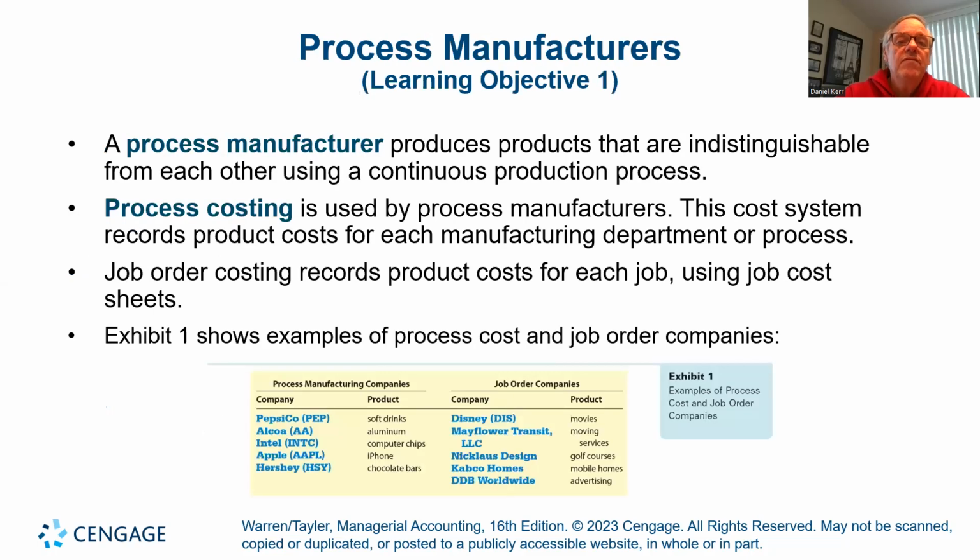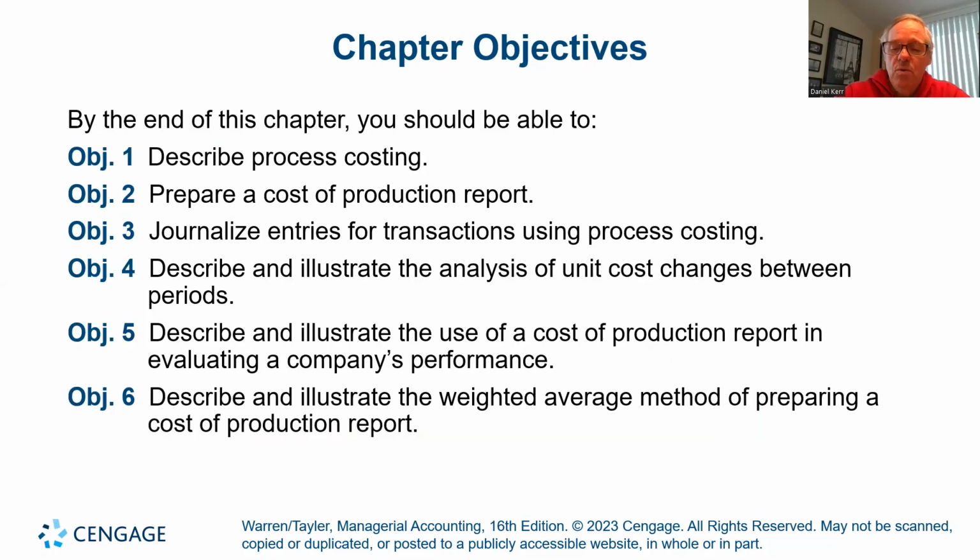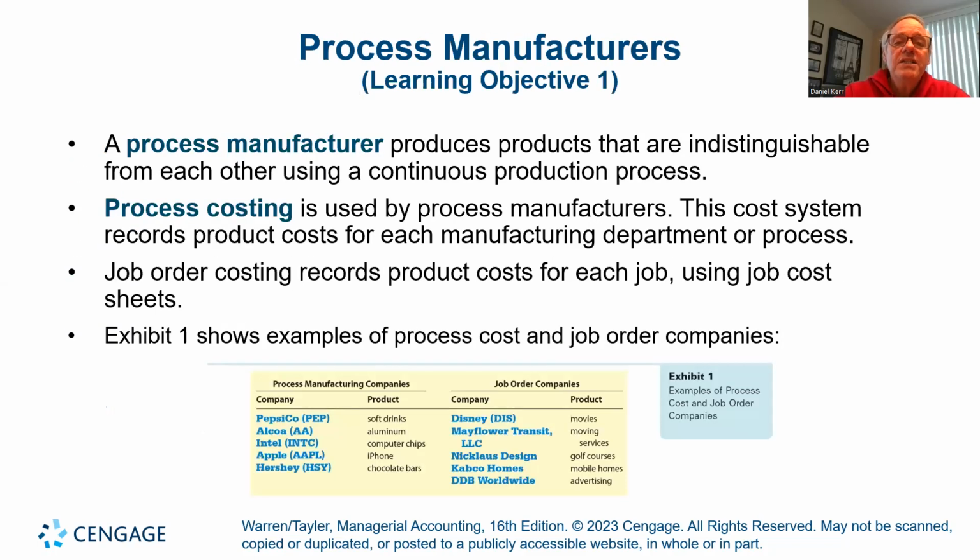So let's start with objective number 1 in describing process costing. So we know process costing is used when a manufacturer produces a product that is indistinguishable from the other, and comes out of a continuous production process, as opposed to job order costing when we do individual batches and we can trace the cost directly to the products.